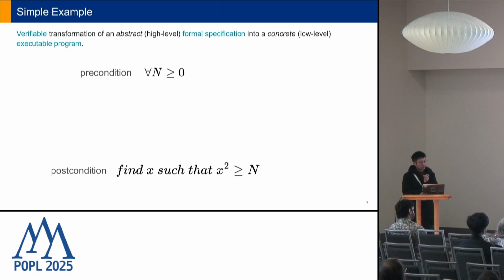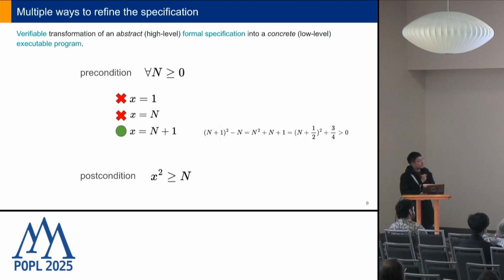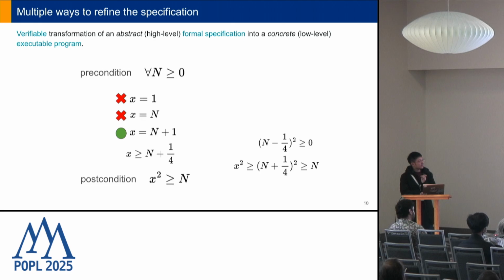Based on this precondition and postcondition, there are many ways, and the large language model generates multiple pieces of code for that. For example, x equals 1, x equals n, x equals n plus 1. We can find that some code is correct and can be verified by the automatic theorem prover, but some can't.